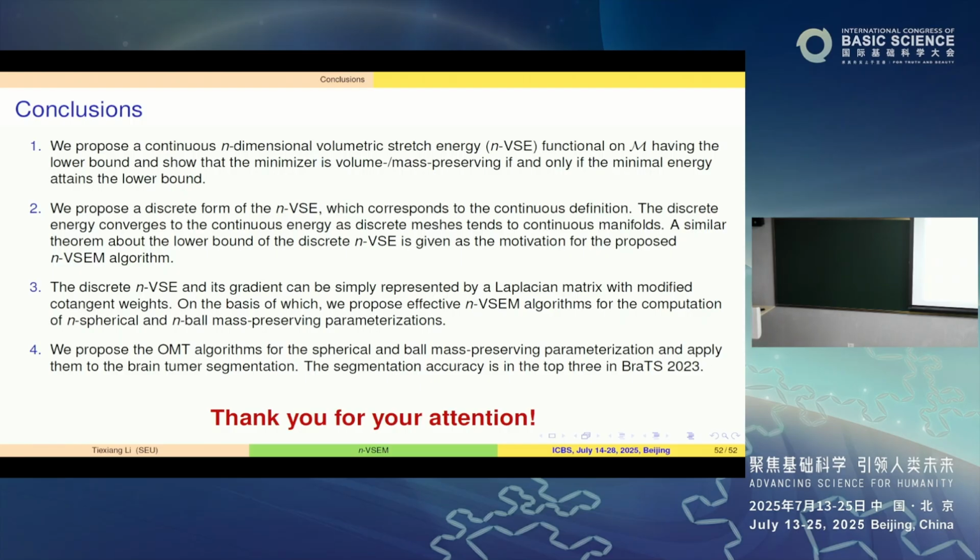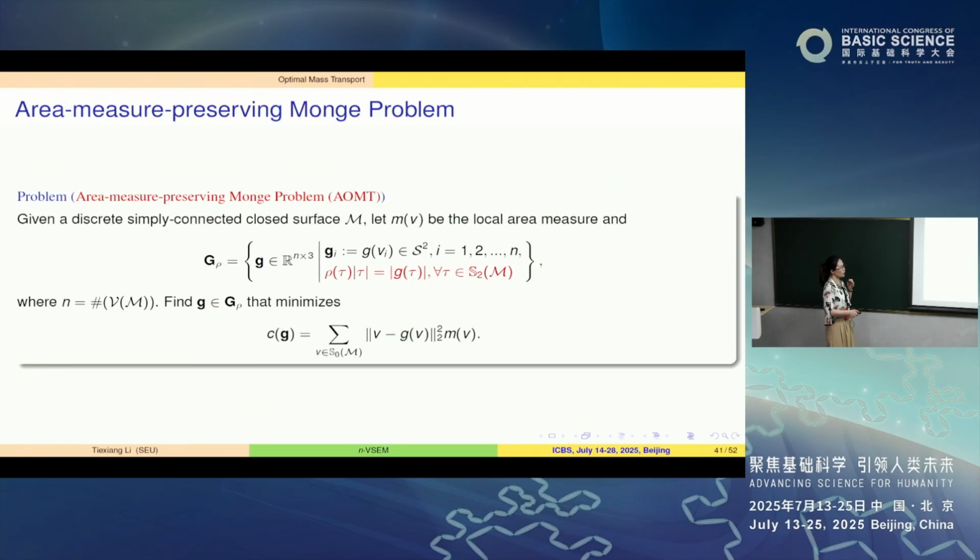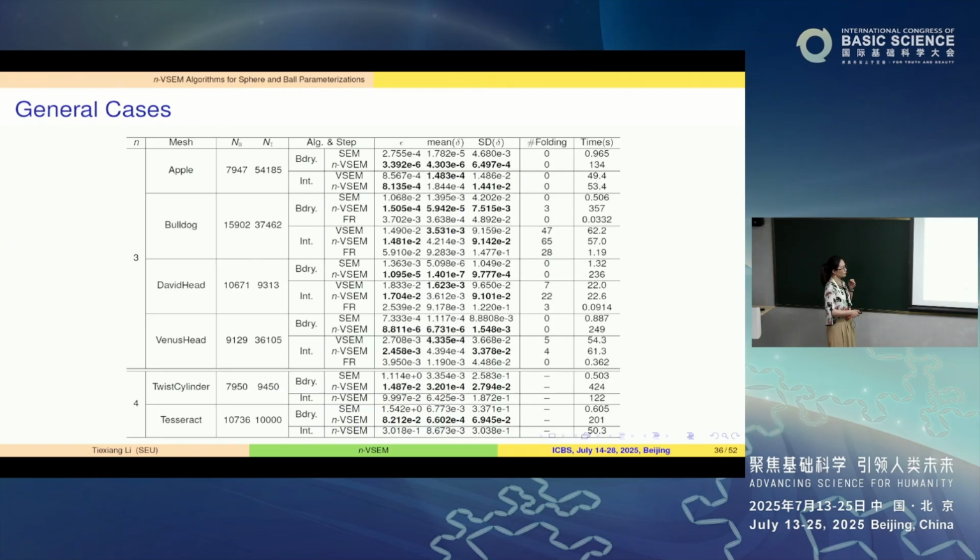One-to-one? Yes. In the continuous version, of course, we require it to be one-to-one. But in the discrete version, when we do the real computation, folding may happen.